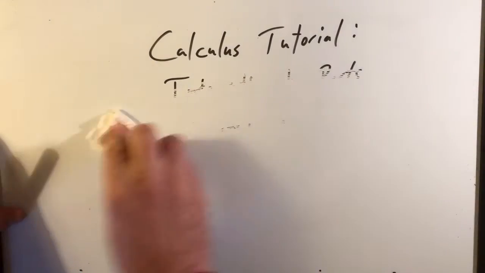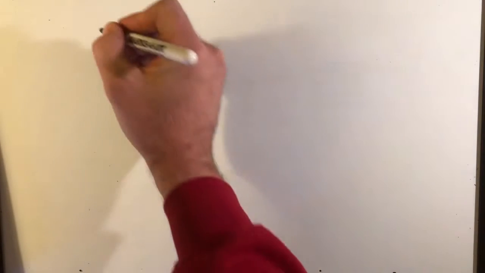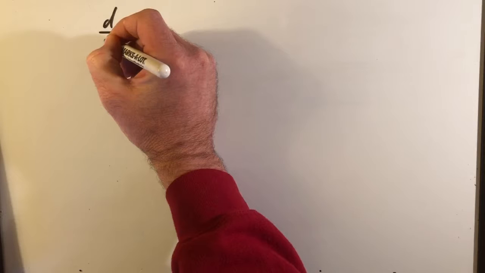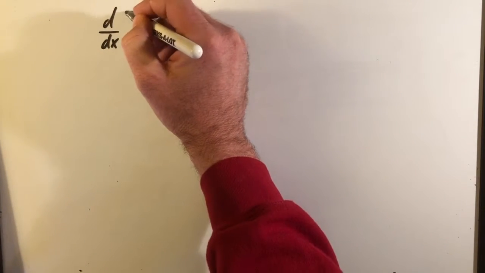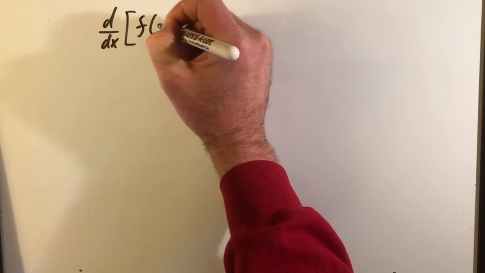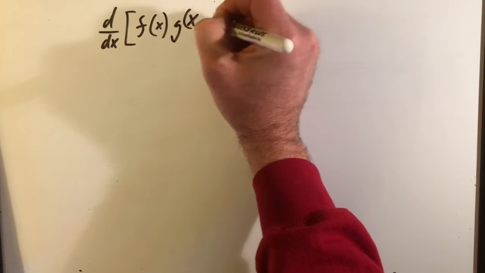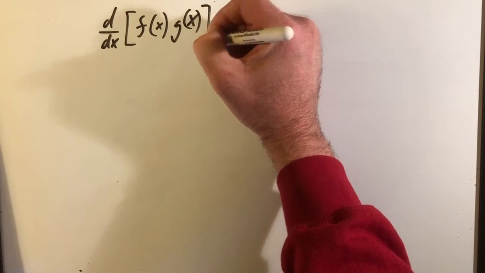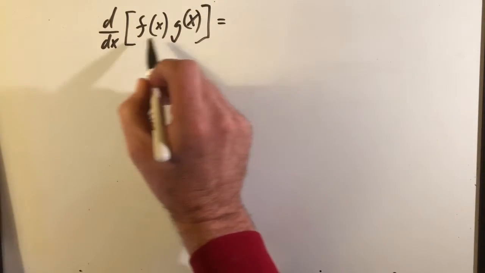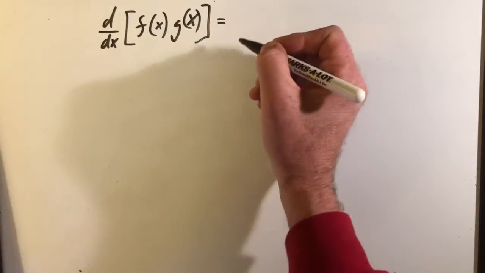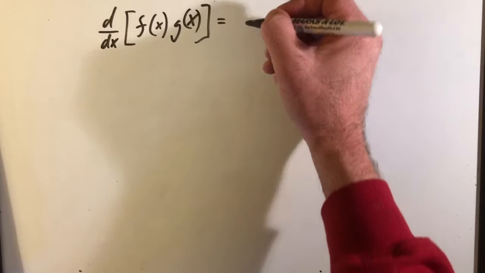So let's talk a little bit about what integration by parts is. Well, the foundation for it really starts with solving derivatives. If you have a function f of x and a function g of x, and you want to find the derivative of two functions multiplied together, you have to use the product rule.